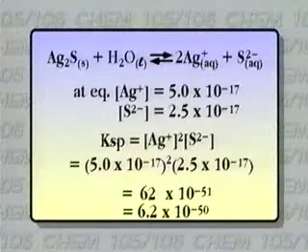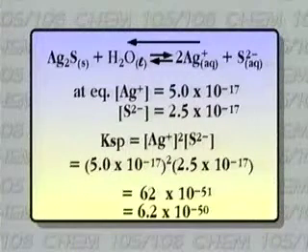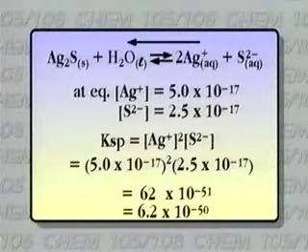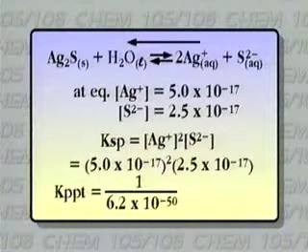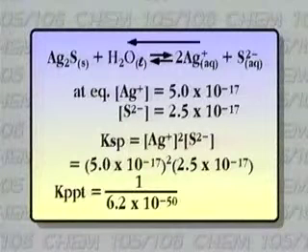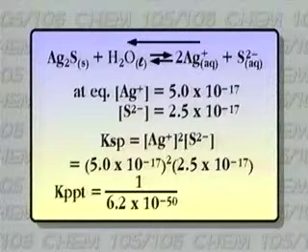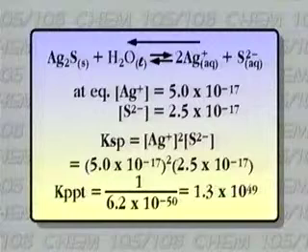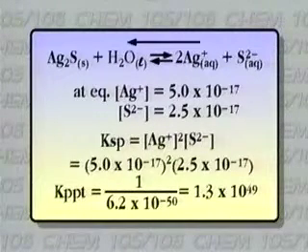But if we looked at this reaction going in that direction, we can calculate the numeric value of the reverse, because KPPT, which is a reverse reaction, would merely be 1 over 6.2 times 10 to the minus 50, which would be equal to about 1.3 times 10 to the positive 49th.